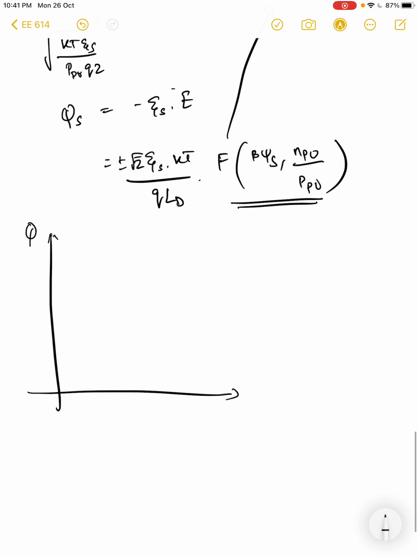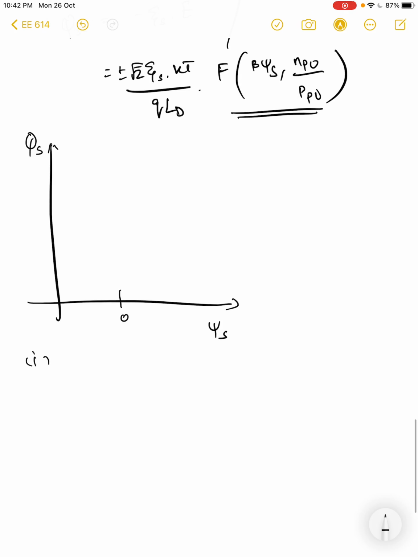this interface charge Qs as a function of the surface potential psi s, right? And there are different regions. So let's say I'll take it to be 0. First of all, let us take regime 1.